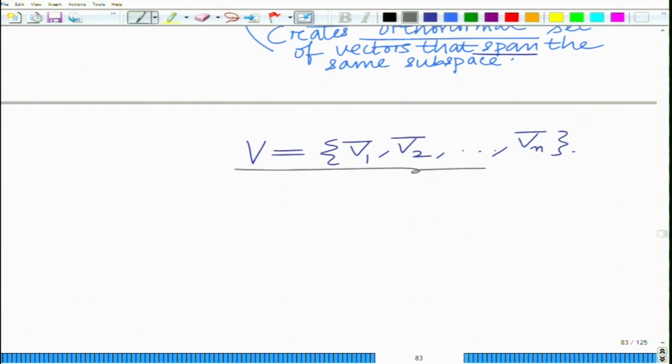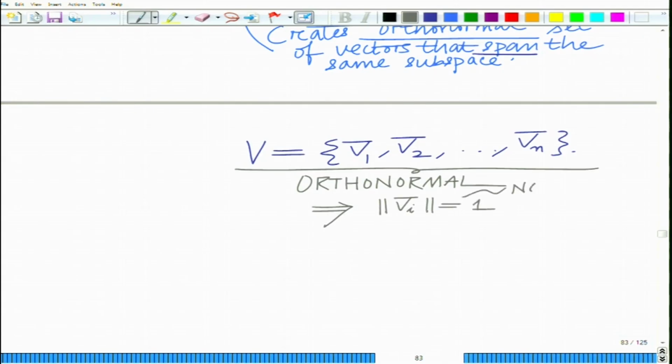Now, this is orthonormal, which implies norm Vi bar, each vector norm Vi bar equals 1. This is basically your normal property, and if you look at any pair of vectors, Vi bar Hermitian Vj bar, or if they are real vectors Vi bar transpose Vj bar, equal to 0 for all i not equal to j.